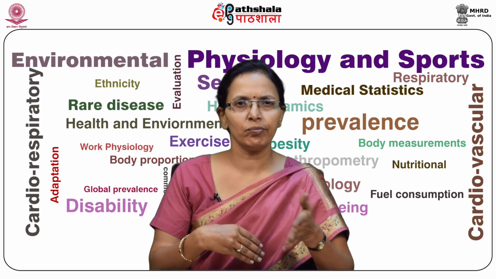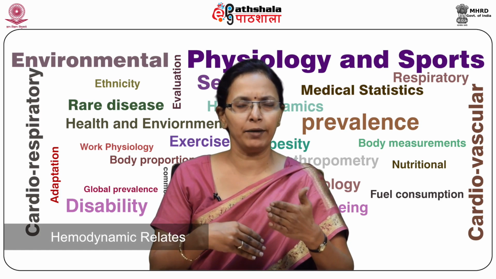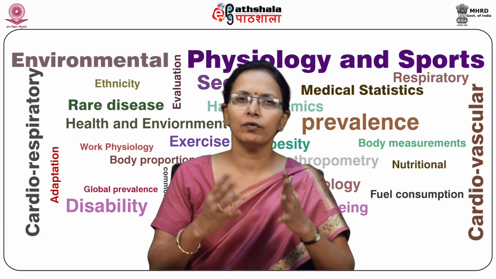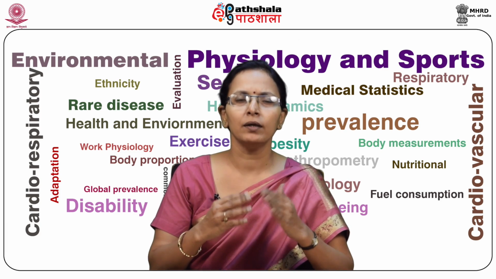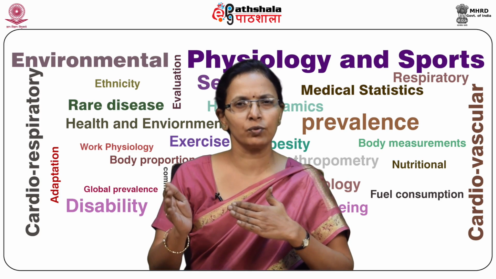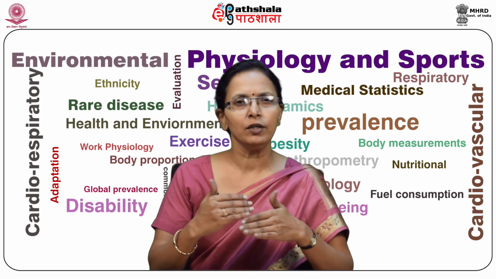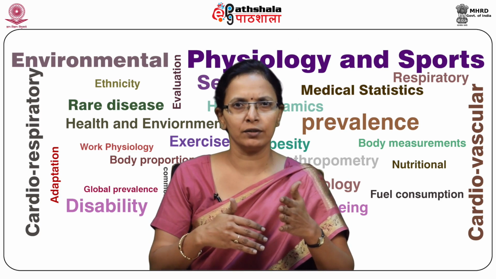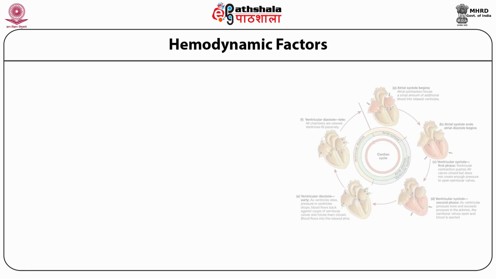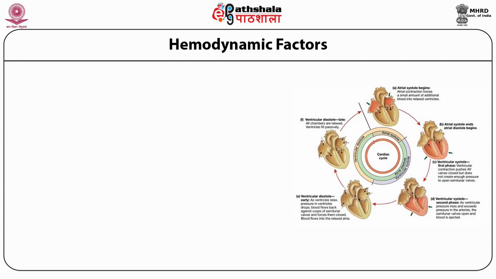In other words, hemodynamics relates to the study of the relationship among blood pressure, viscosity, resistance to the flow and the volume flow rate in the cardiovascular system. We can see a picture of hemodynamic factors here.